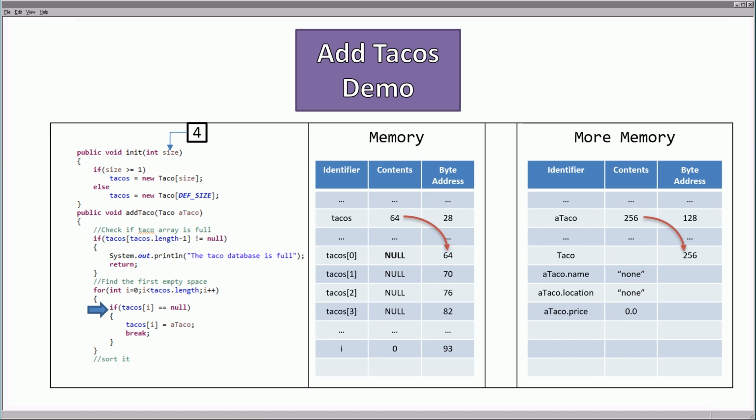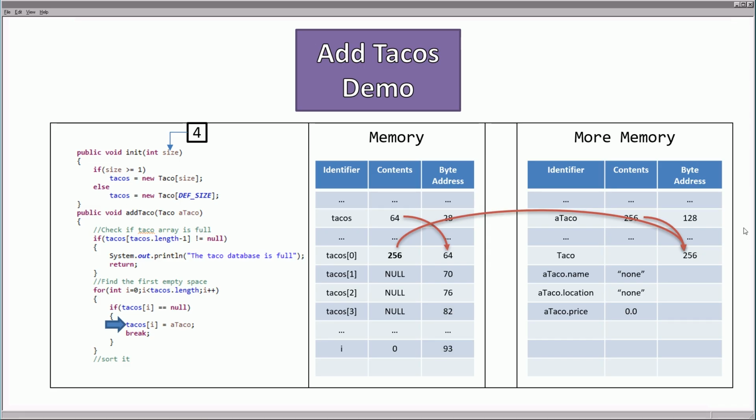It's the first element. Then what we do is assign tacos at index 0 to the value that is stored inside of aTaco, which again is a memory address. This assigns tacos at index 0 to the memory address 256, and the way that you could think about it is this element of this array points to this object.